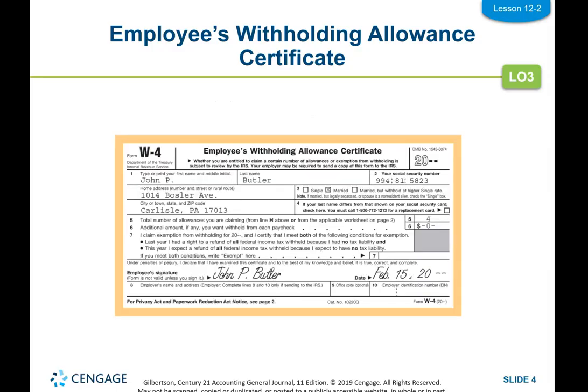So an example of a tax document. This is the W-4 form for John Butler. On it, you can see that line 5 has the total number of allowances you are claiming. He's claiming 4.